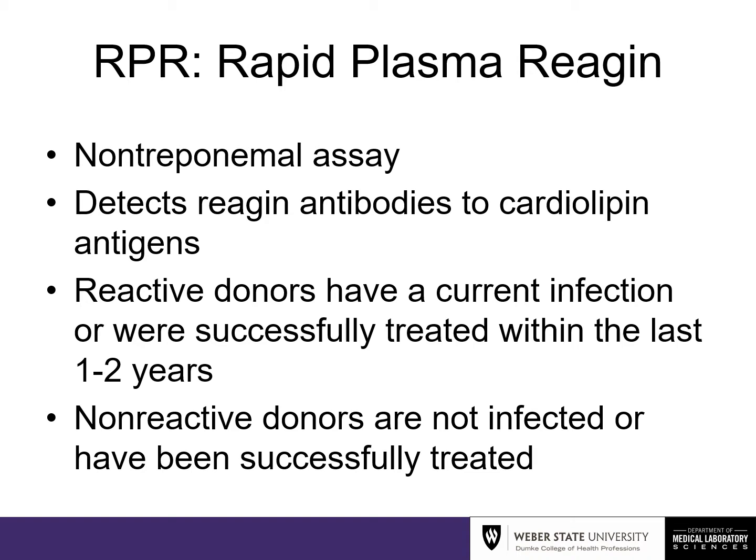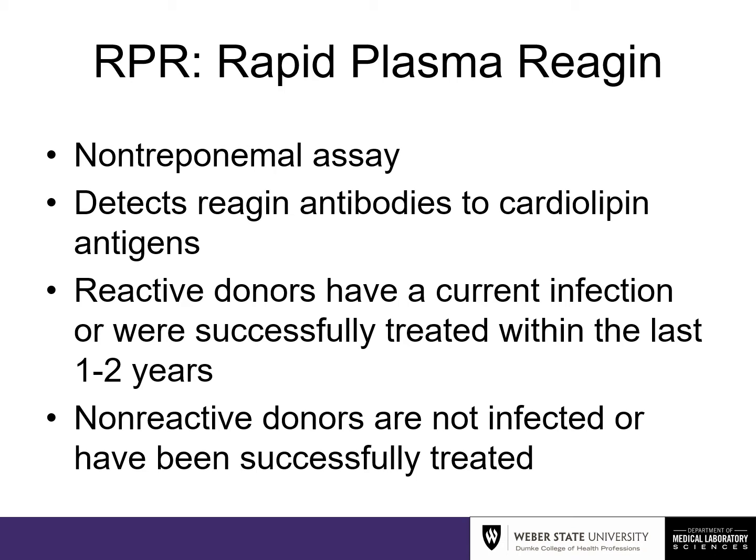So that just means that because it's not specific, it can't tell whether or not you still have those antibodies, but because it's detecting the cardiolipin antigens, it's saying you're reactive, it's giving a positive result. Or you can be a non-reactive donor, so you are not infected, never have been, or you were successfully treated for an active syphilis disease, but it's been longer than that 1 to 2 years.